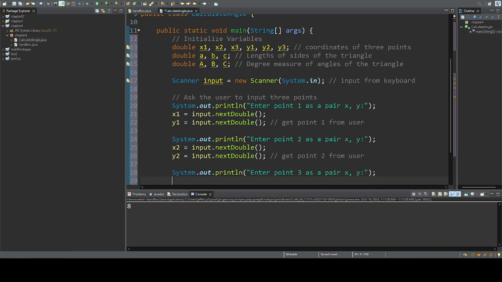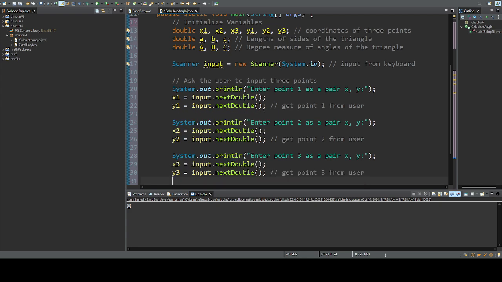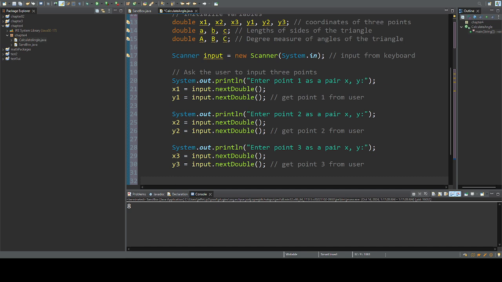And so X3 equals input.nextDouble. And Y3 equals input.nextDouble. Now I am doing no error checking right now. That's something we'll implement in our larger code as we go across.